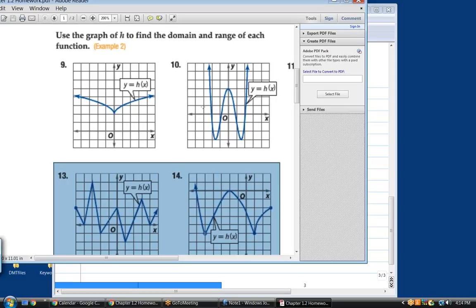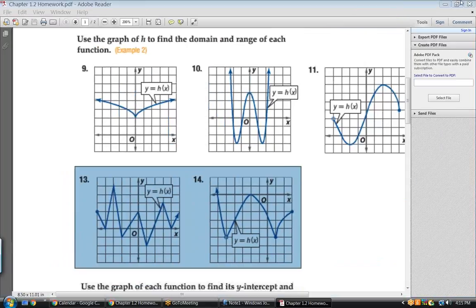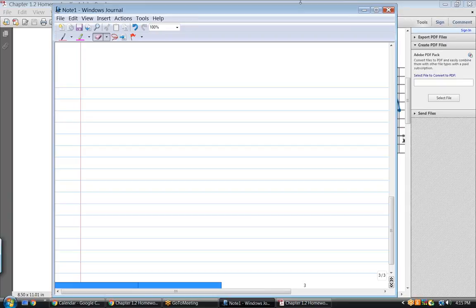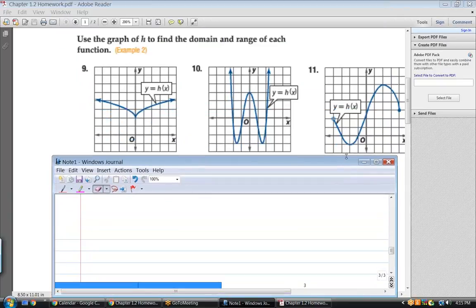What's the range on number 10? 1, 2, 3. 3 and negative infinity. Give it to me in whatever notation you use, inequality or interval notation, whichever you like. So I would do parenthesis 3, comma, negative infinity.